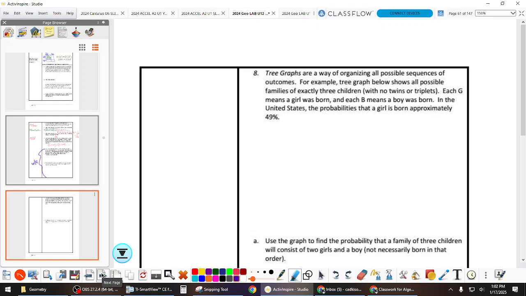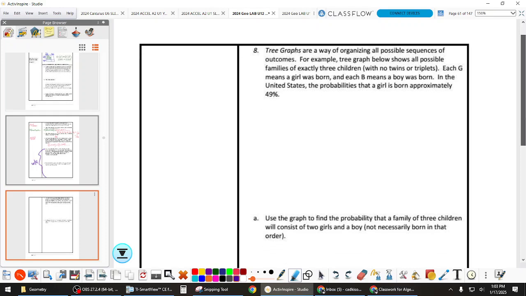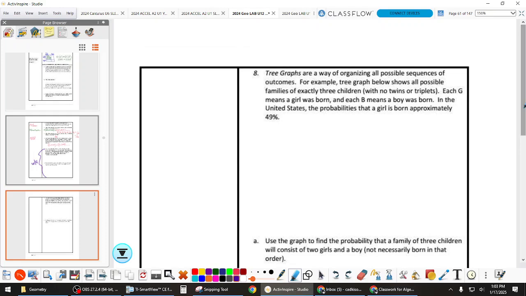It's basically the idea of a visual representation of probability like the area model was, only now it's the tree shape, kind of visual. Okay. The downside about trees is they get big quick. So just know that's going to be true.